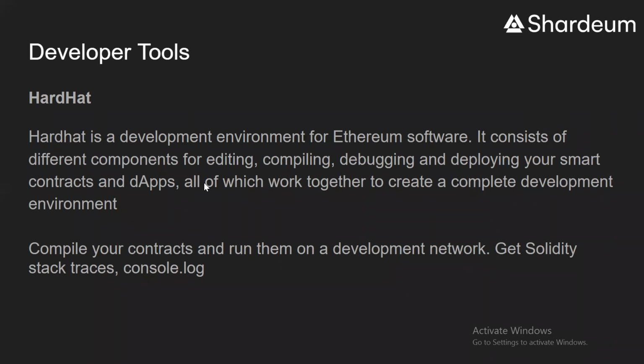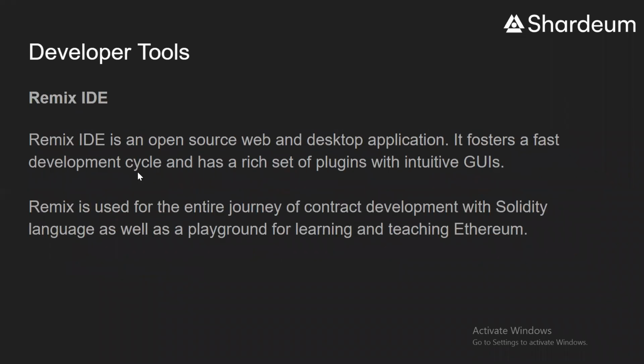So we have another tool, that is Remix IDE. Remix IDE is an integrated environment. It is an open source web and desktop application. Web means we can just run it in the Chrome browser also. So it is fast. It is used for a fast deployment and development lifecycle, and it has rich plugins with great GUIs.